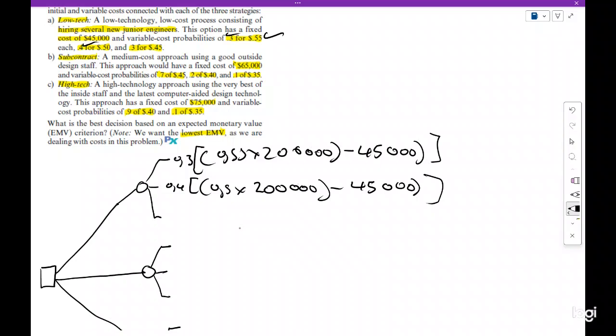Okay, next up is 0.3 once again with 0.45 multiplied by 200,000 units, close bracket, minus 45,000 of the cost.